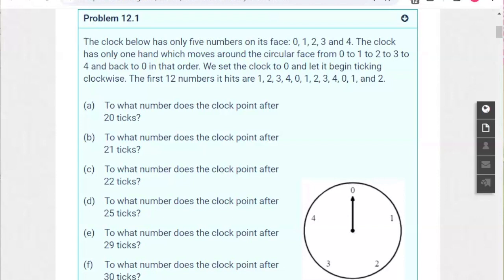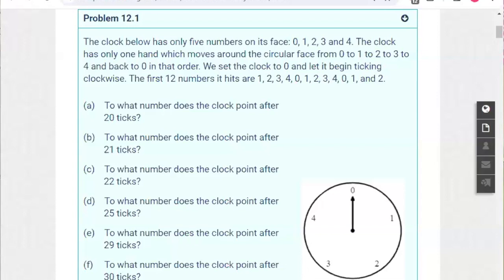The clock has only one hand, which moves around the circular face from 0 to 1 to 2 to 3 to 4, back to 0, in that order. We set the clock at 0 and let it begin ticking clockwise. The first 12 numbers it hits are 1, 2, 3, 4, 0, 1, 2, 3, 4, 0, 1, and 2.